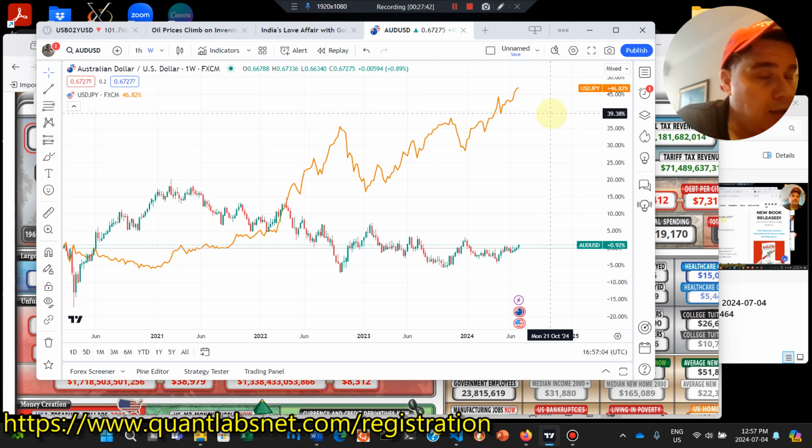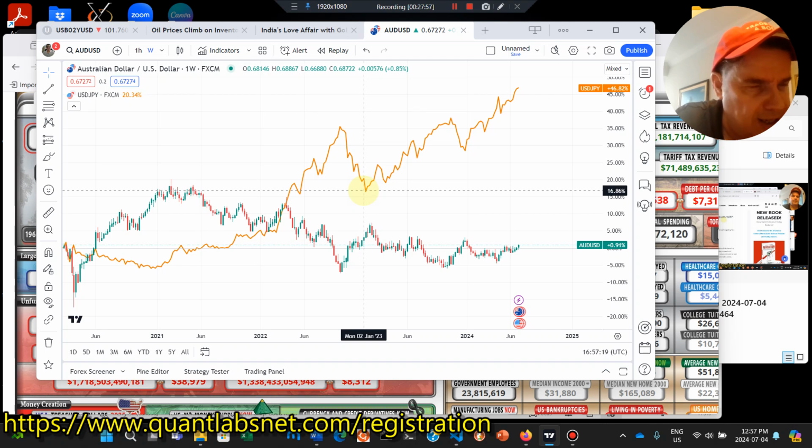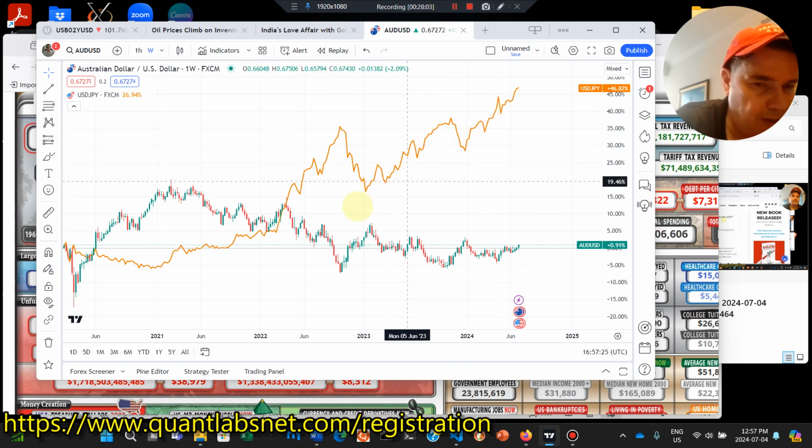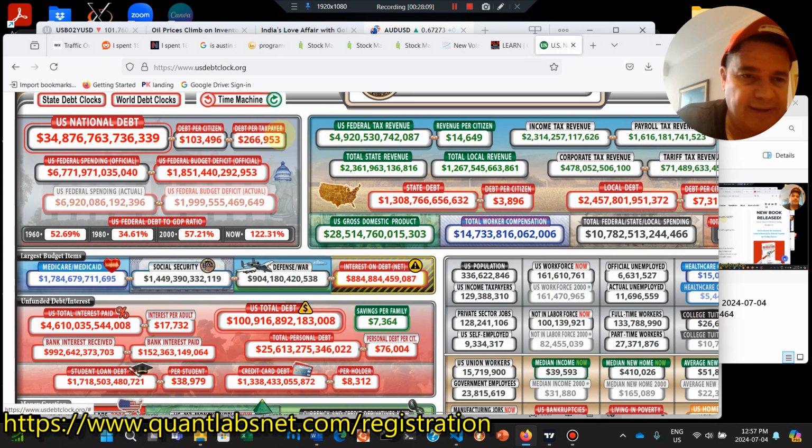So at some point something has to happen to the yen, along with the Japanese economy, because the Japanese economy is very wealthy with car manufacturing and electronics. But when you have the likes of China coming along that have pretty well eaten into their lunch, something's going to happen to Japan. I don't know what, but it will. And this is the future direction of a lot of Western countries that have high debt levels like this.